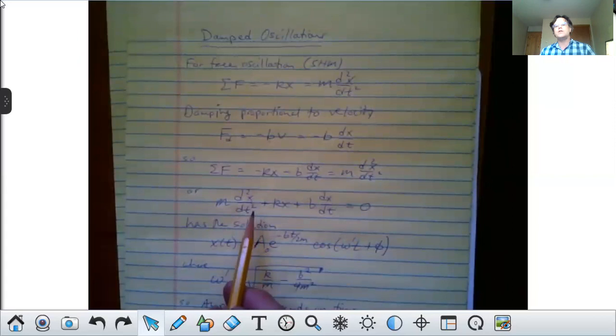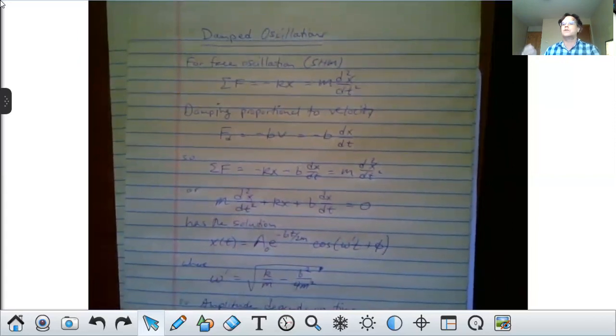To solve this, I'm not going to go through the differential equations. If you take a differential equations class, you might study things like this in more detail. But just physically, you can assume that there's going to be some oscillation involved, especially if the damping constant b is small enough.